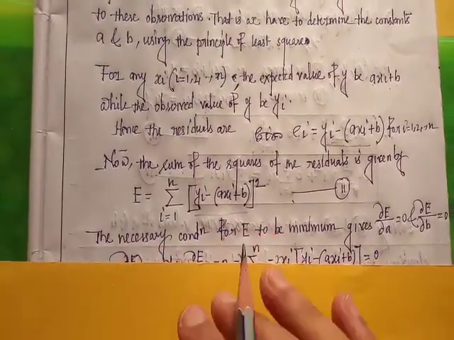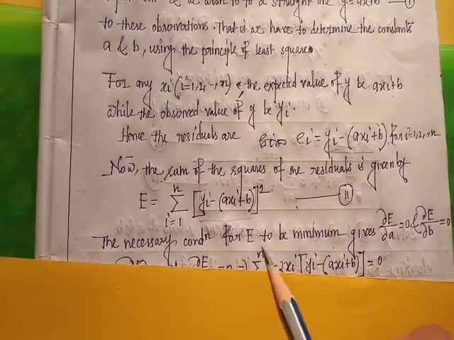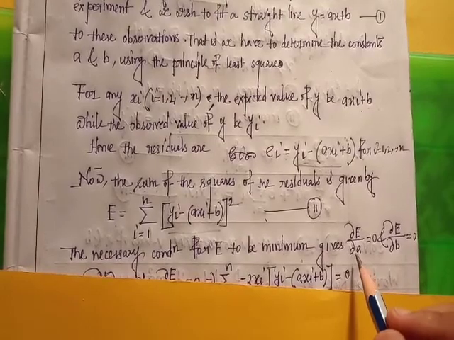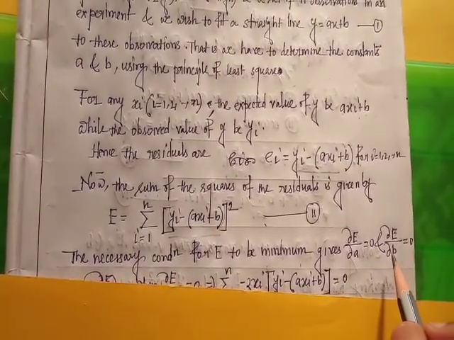The necessary conditions for E to be minimum are del E by del a equal to 0 and del E by del b equal to 0.